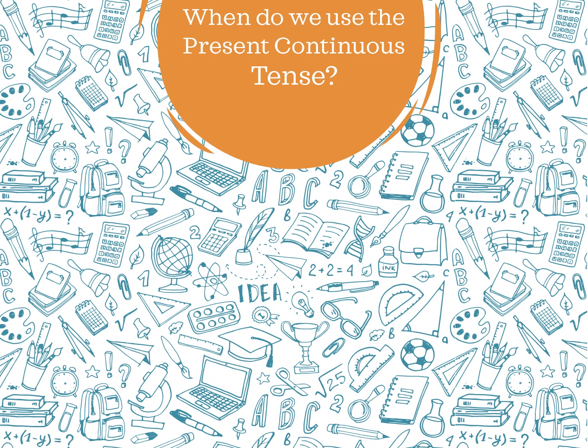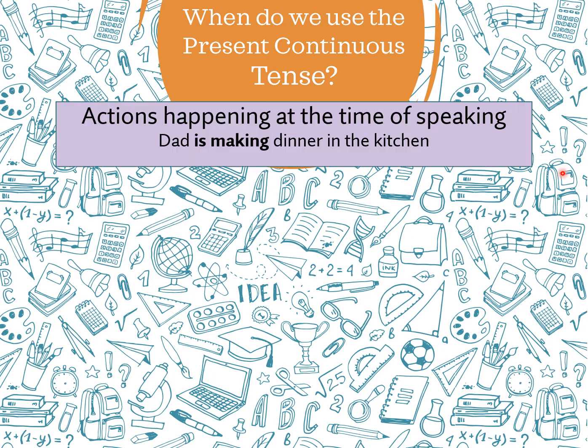Alright, now let's take a look. When do we use the present continuous tense? We use present continuous tense in certain situations. The first one is when actions happening at the time of speaking.